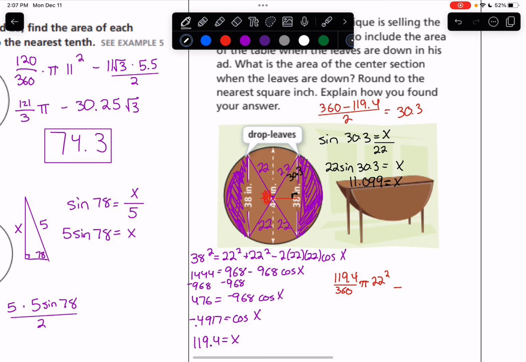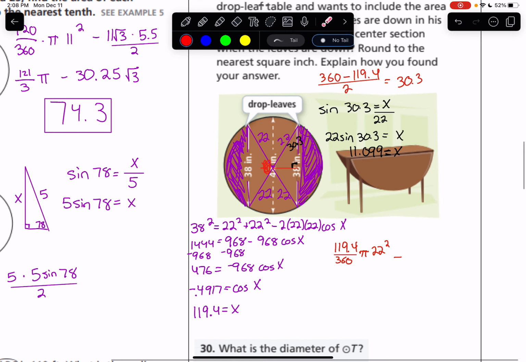That is the height, this piece right here, of each of the triangles made by the leaves. So when I come down here and I'm calculating the area of the sector minus the area of the triangle, now I know the base and the height of these triangles, and I can call the area of that triangle base of 38 times height of 11.099 over 2, because it's the area formula of a triangle.